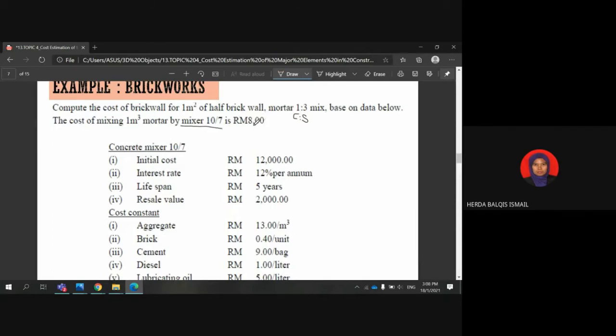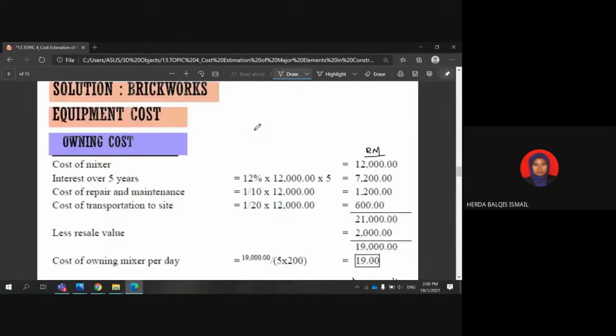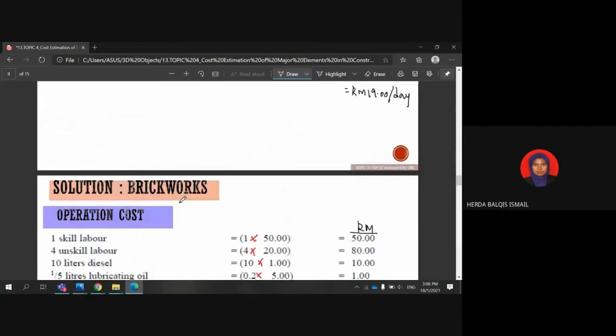So basically the mixing cost is given in this question, and if you look at the solution, it shows how to get 8 ringgit for the mixing cost. We will look into it.